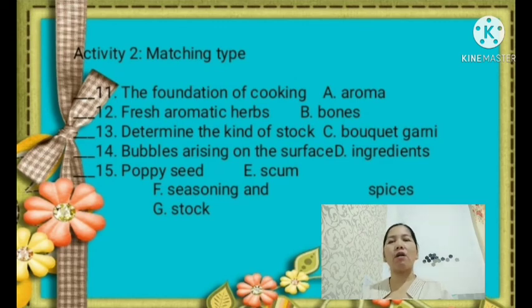Determine the kind of stock. 14. The bubbles arising on the surface. And number 15 is poppy seed. Poppy seed, number 15.